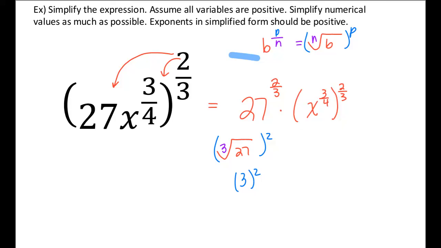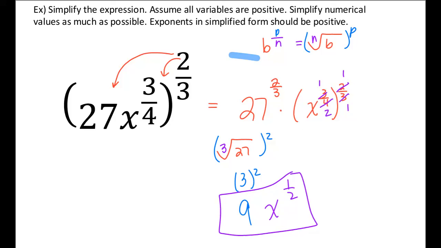What's 3 to the 2nd power? 9. And then for the other one, we multiply again, so we can cross cancel. 2 goes into itself once and into 4 2 times. 3 goes into itself once and into itself once. So I'm going to be left with x to the 1/2 power. And that's my final answer.